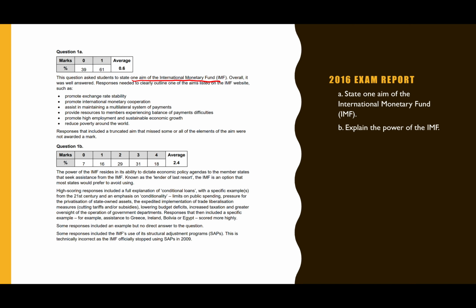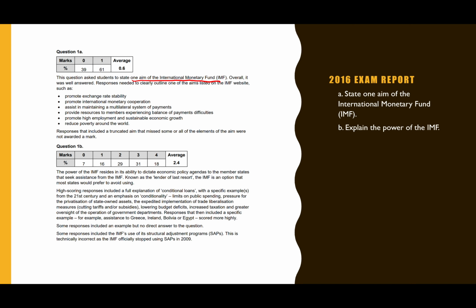So the first is promoting exchange rate stability, promoting international monetary cooperation, assisting in a multilateral system of payments, providing resources to members experiencing balance of payment difficulties, promoting high employment and sustainable economic growth, and reducing poverty around the world. So what you need to do here is just state one aim. Just give one aim.